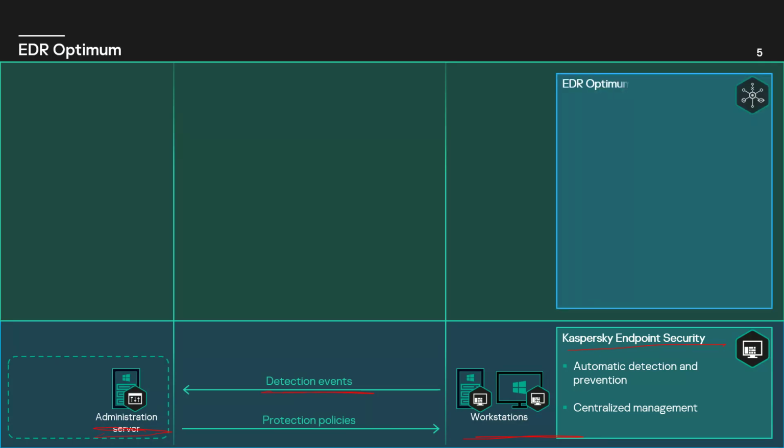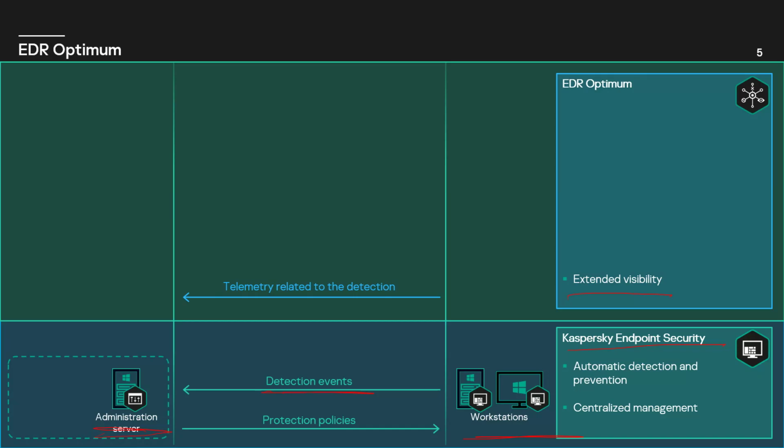Then we add a special component called EDR Optimum. EDR Optimum allows you to use more features and more functionality. For example, when Kaspersky Endpoint Security detects some malicious code or malicious object, EDR Optimum provides additional visibility to the administrator.